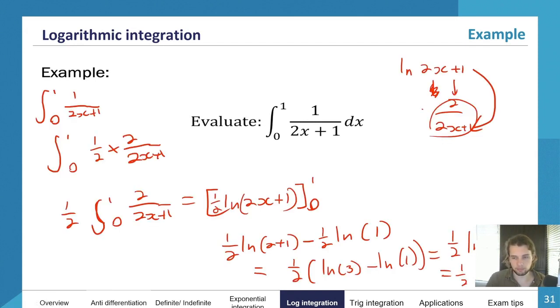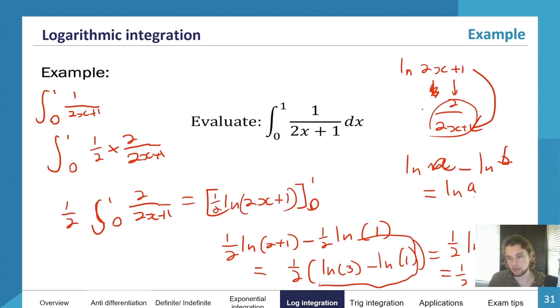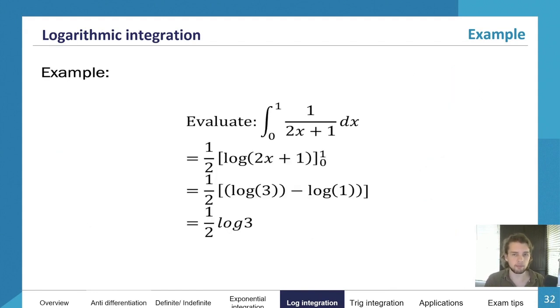And this is just using our logarithmic rules. If ln a subtracts ln b, that is equal to ln(a over b). That's one of our rules that you should get comfortable with if you don't know it already.